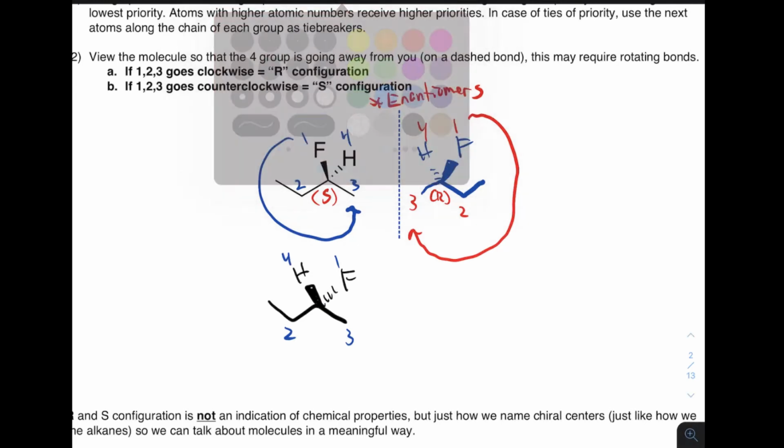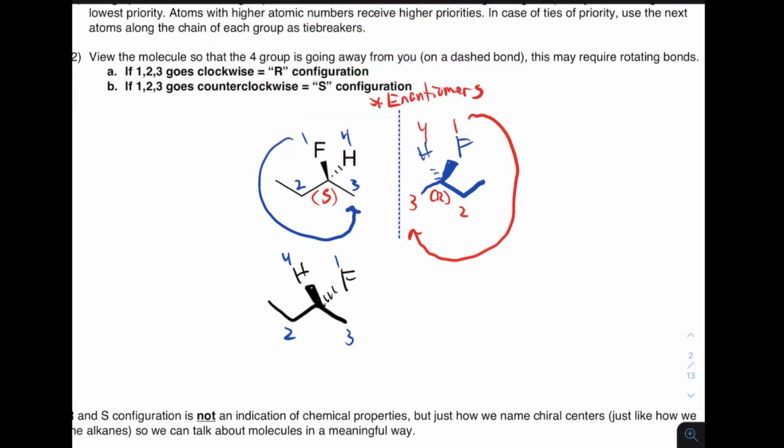And so the way we fix that is by rotating a bond, remembering that sp3 carbons can undergo rotations. So what we have to do is rotate this carbon CH3 bond.